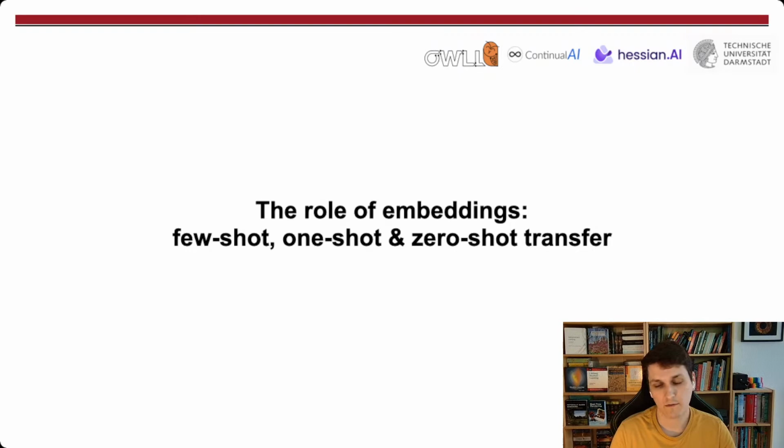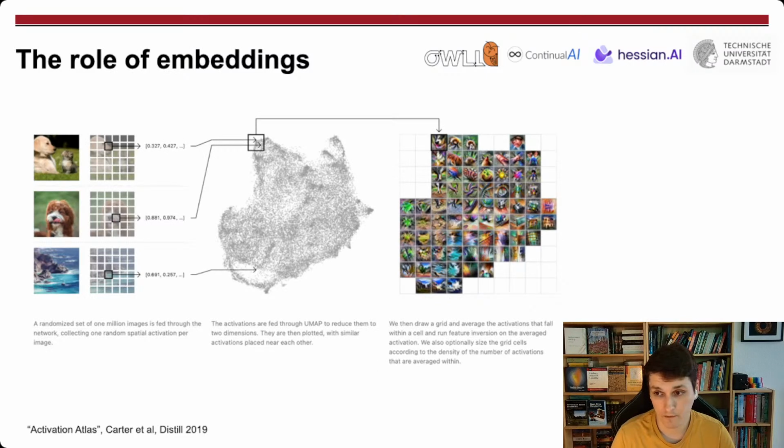One specific version of this transfer that has emerged is this idea of few-shot, one-shot, and zero-shot transfer, which I would consider subparts of transfer learning, where the additional idea now is that not only are the representations that we learned similar or useful for various tasks because they're of generic nature, but also that the way that these features map into a feature space has some meaningful properties.